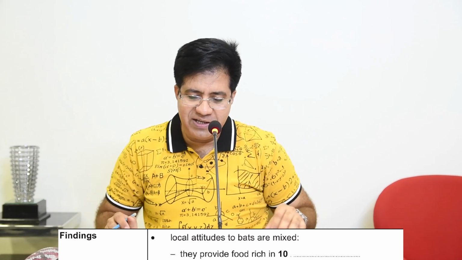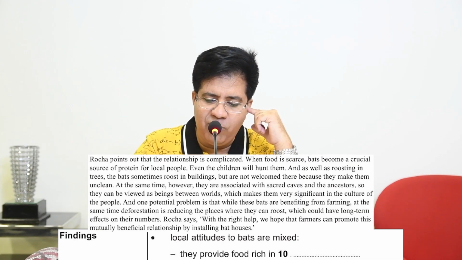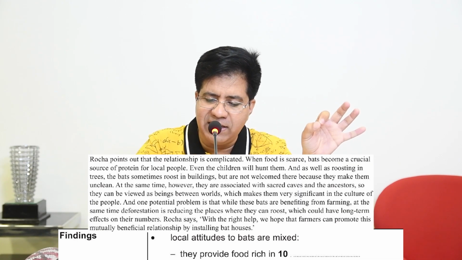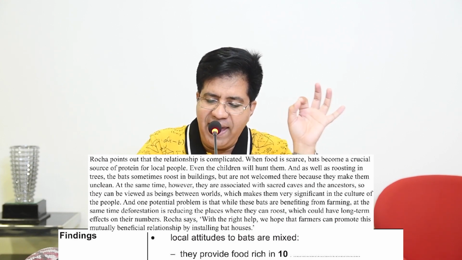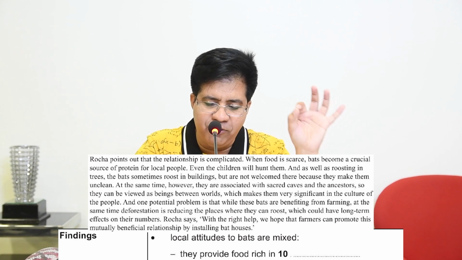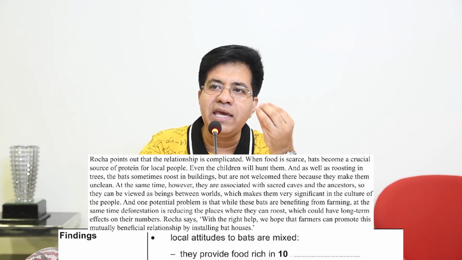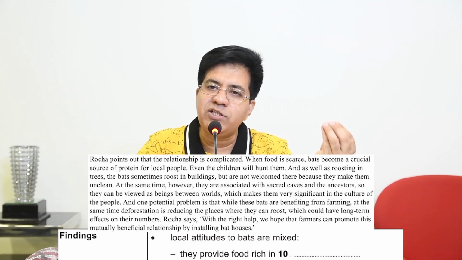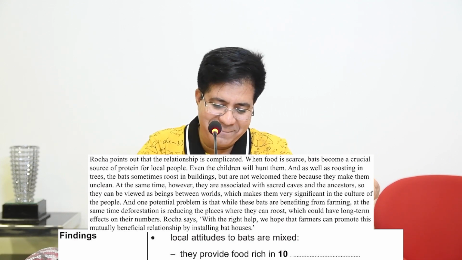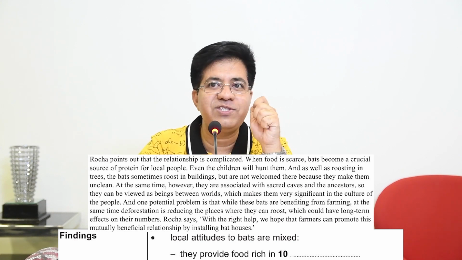Go back and find it. Second last paragraph. Rocha points out that the relationship is complicated. When food is scarce, bats become a crucial source of protein for local people. What does it mean? Local people eat bats. You say you're eating a sandwich. Someone asks you, what sandwich are you eating?